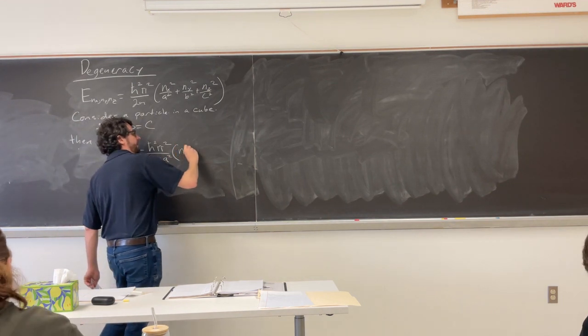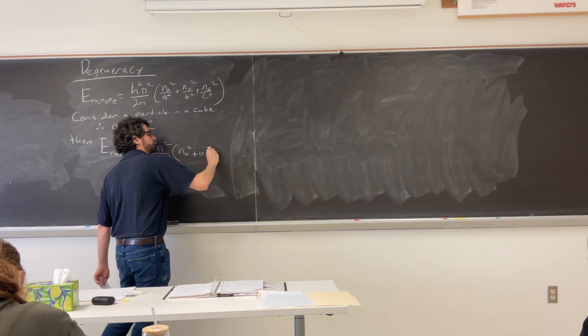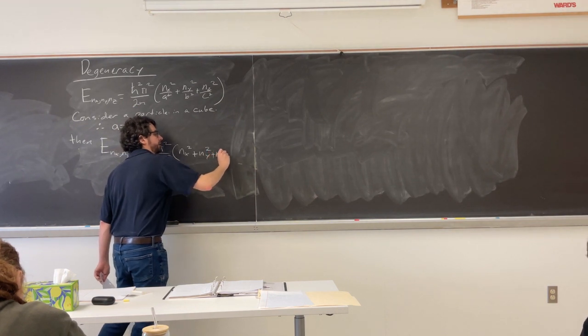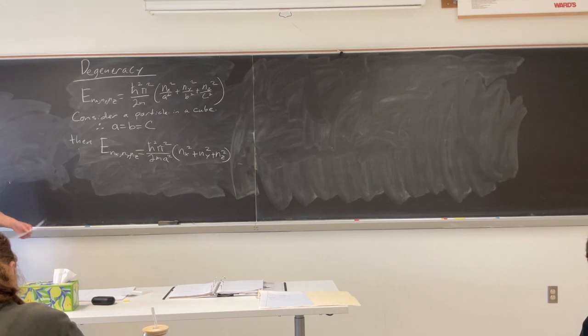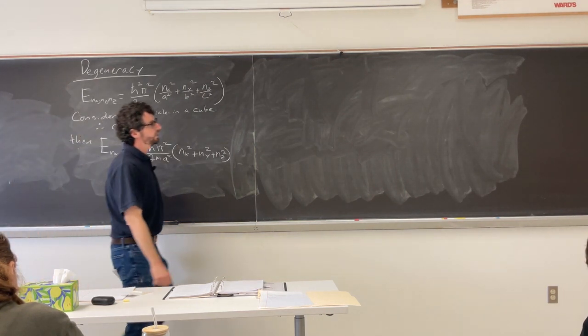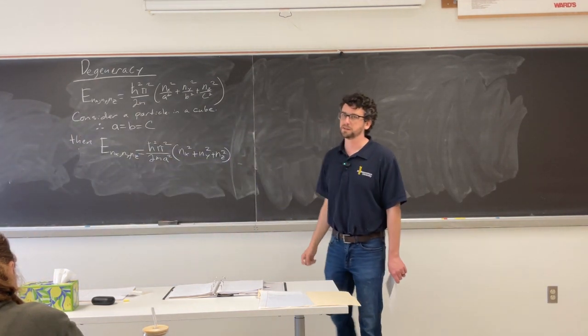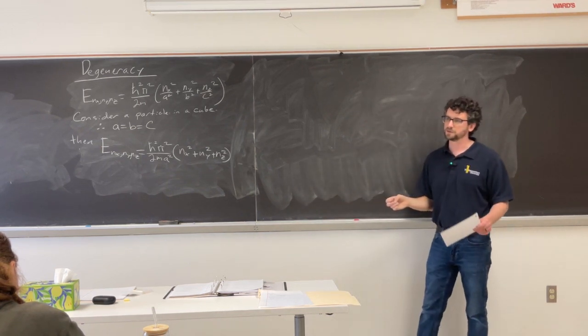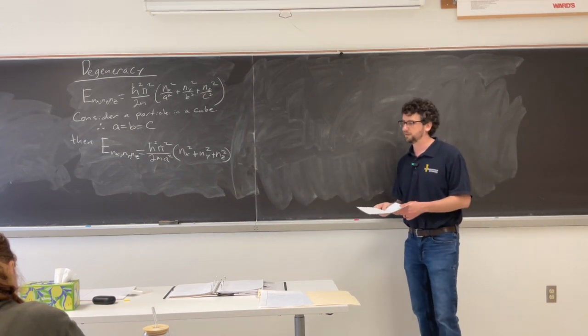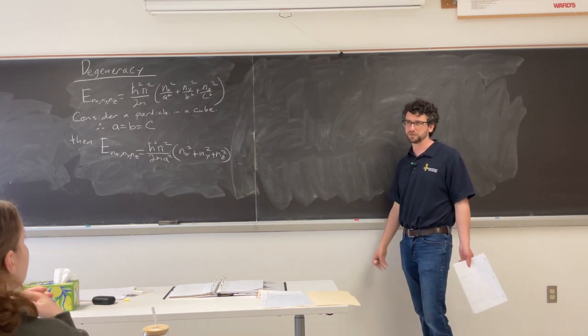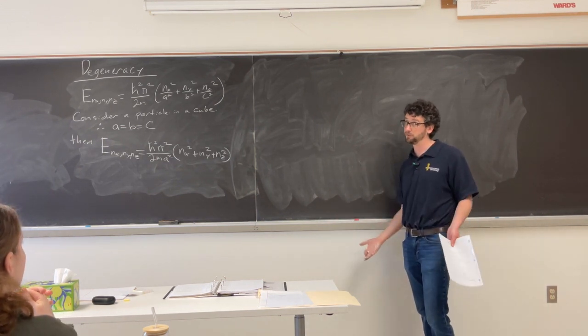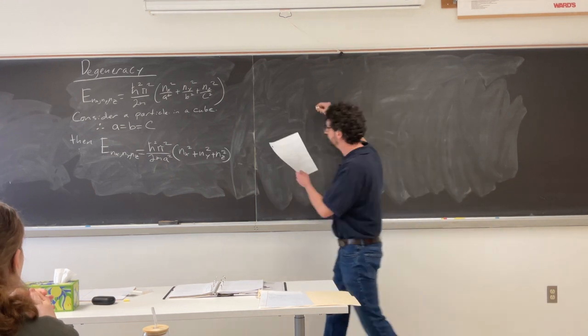And then we just have n_x squared and n_y squared and n_z squared. Okay, so we're going to plug in some numbers. We're going to look at different principal quantum numbers, and we're going to try to see something that will pop out that is kind of unique and interesting once you start considering systems with multiple quantum numbers.